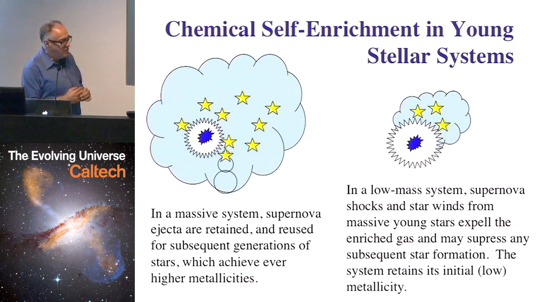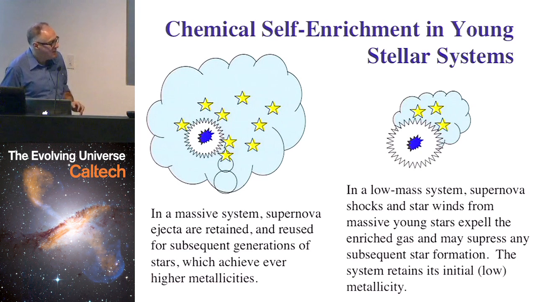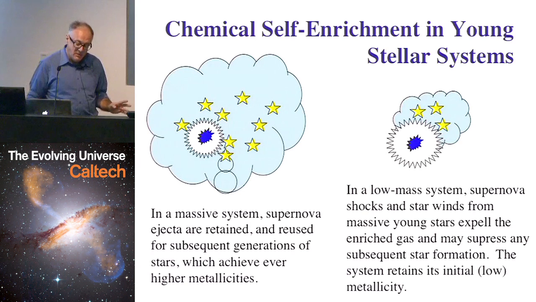On the other hand, if you have a dwarf galaxy, a supernova may put so much kinetic energy in its expanding shell that the material just leaves the galaxy. And so the galaxy itself does not evolve chemically very much. You expect then that dwarfs will be more metal poor, and in fact, they really are.